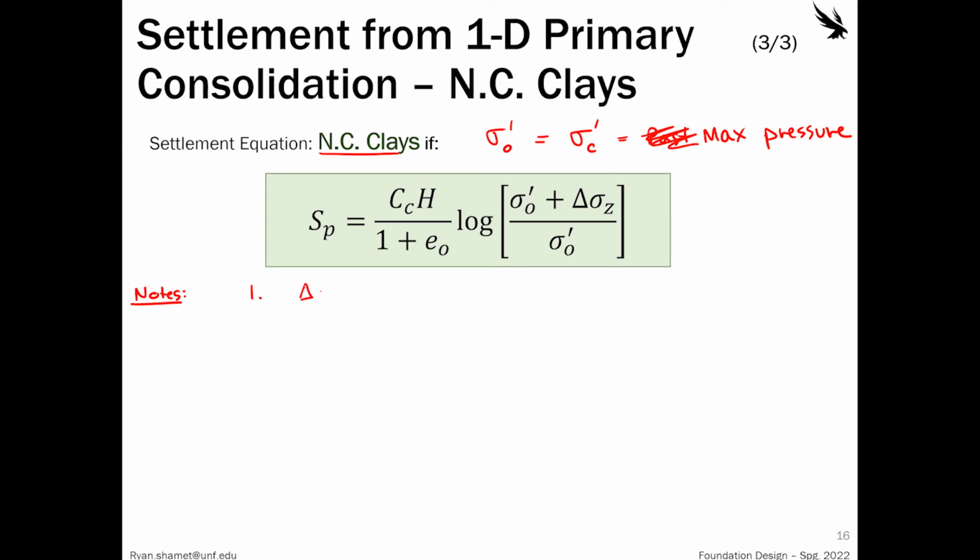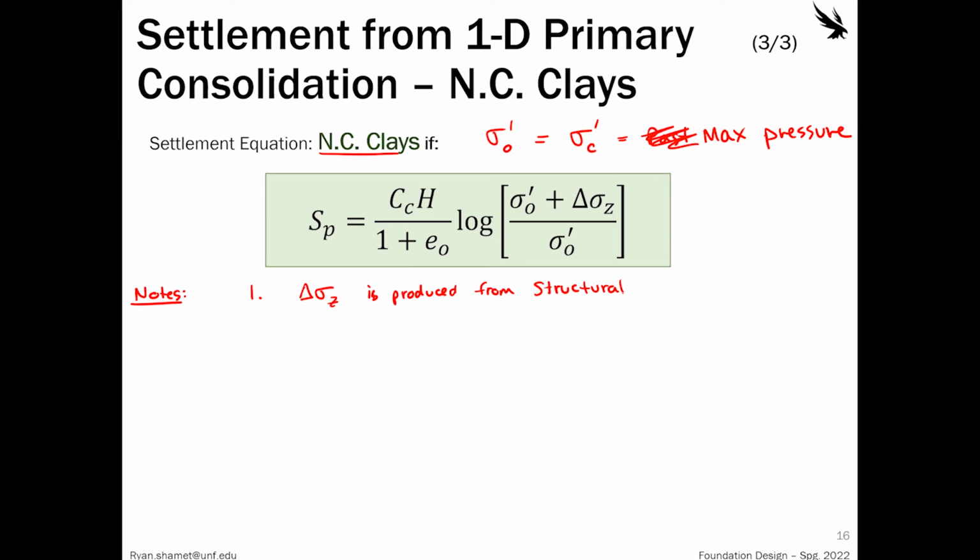So this delta sigma Z is produced from the structural loads. So this could be like an embankment or a foundation or a wall or anything that we've really covered so far from the beginning of the semester.